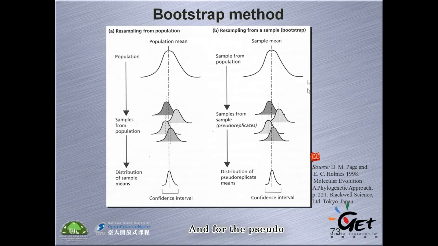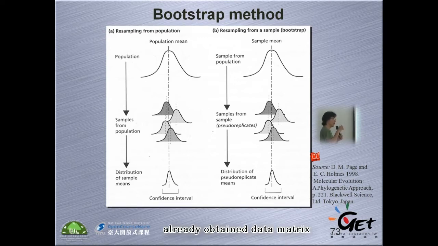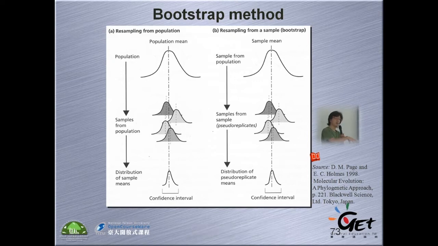For the pseudo replication process, we go back into our already obtained data matrix, sample from it, remake a data matrix and estimate the mean from the new data set. Since the new sampling is from our own data set, this is a pseudo resampling process. And how do we do that?